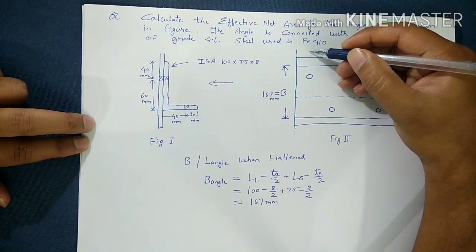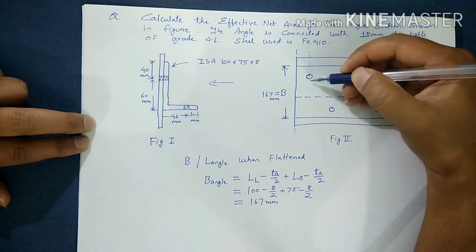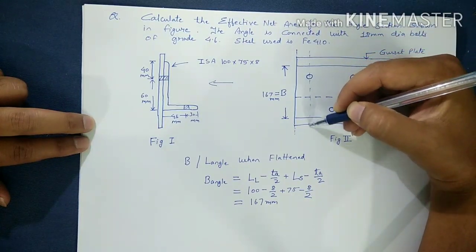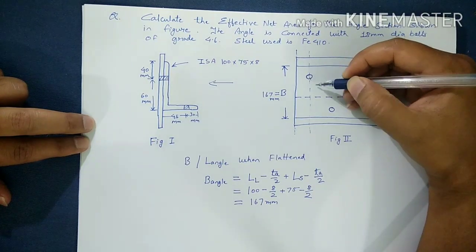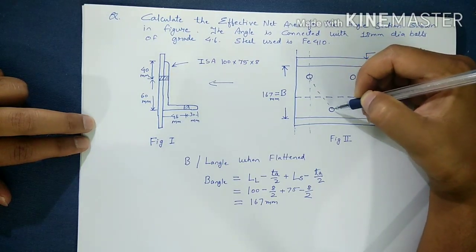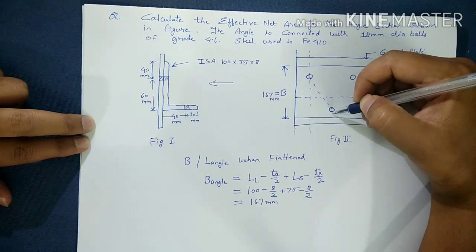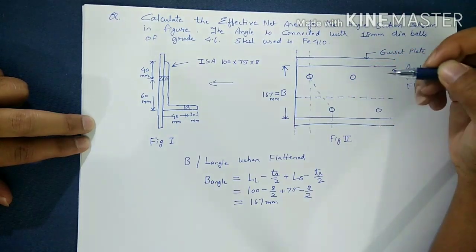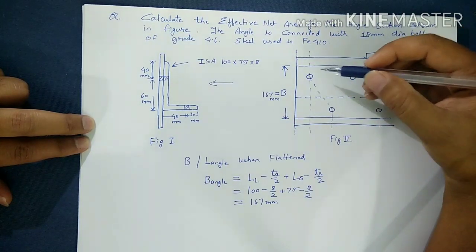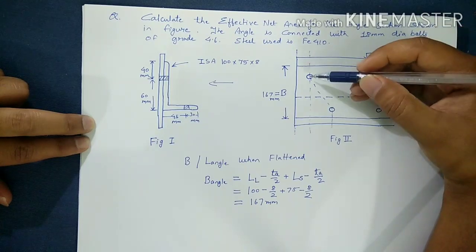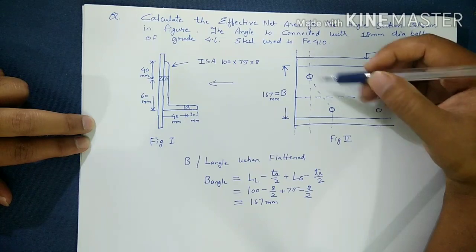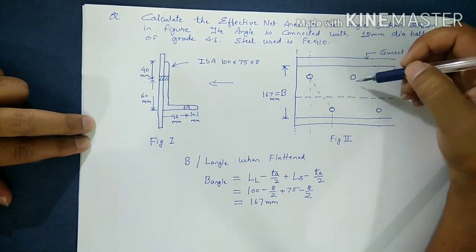So it can fail directly in this way, or the tearing can go from this bolt to this bolt and then come to the end. Another plane cannot be made as this distance is closer compared to this distance.